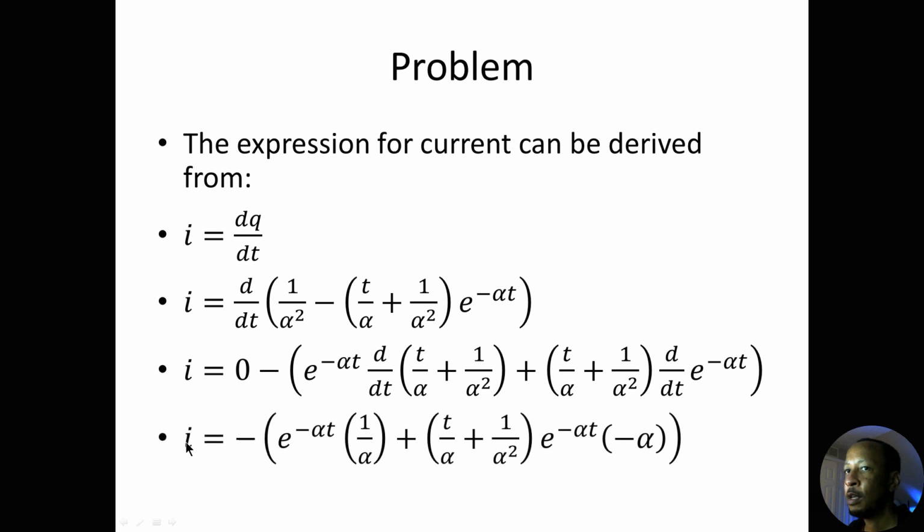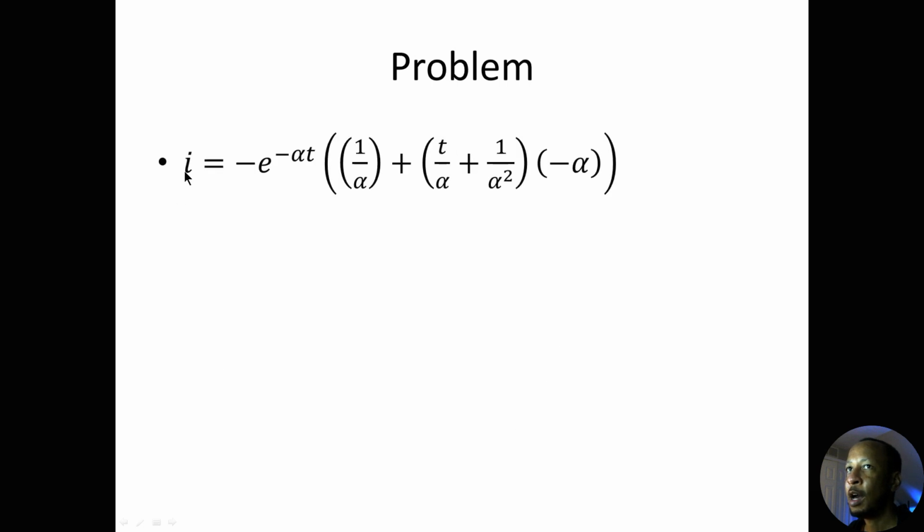And so next we have I equals negative e^(−αt) times 1/α, plus (t/α + 1/α²) times e^(−αt) times negative α.